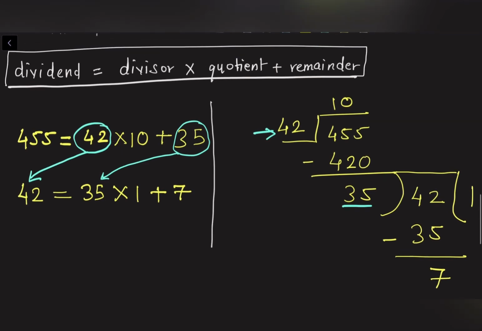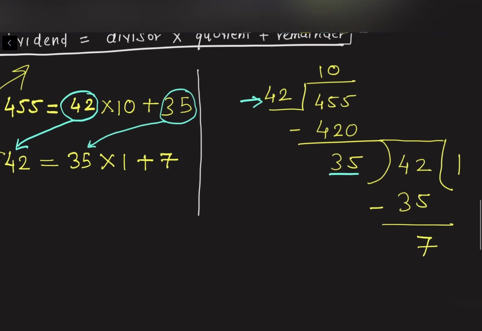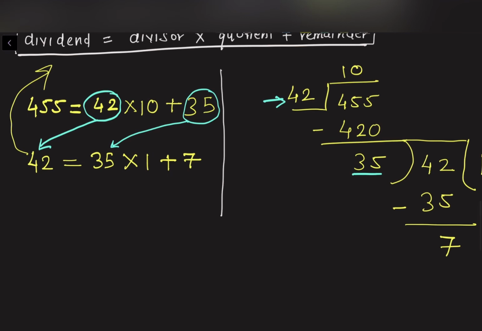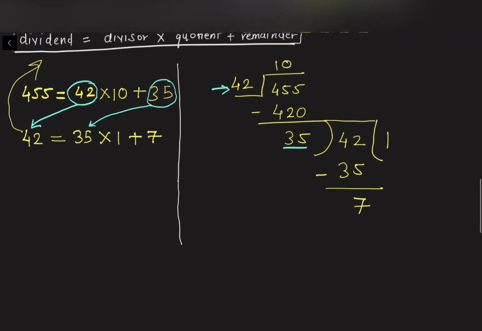I'm just using this formula. The remainder is not 0, so what we have to do? Yes, take the remainder as the new divisor and the divisor as the new dividend. So let us do that.